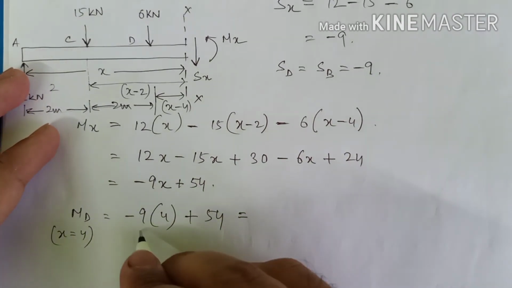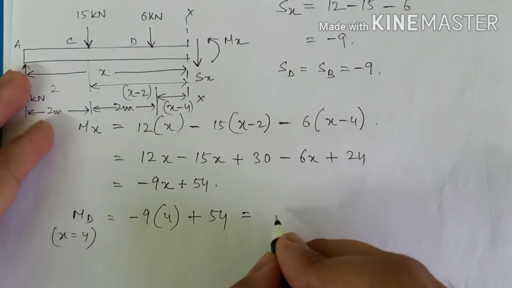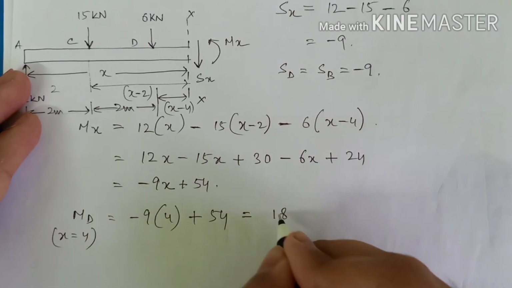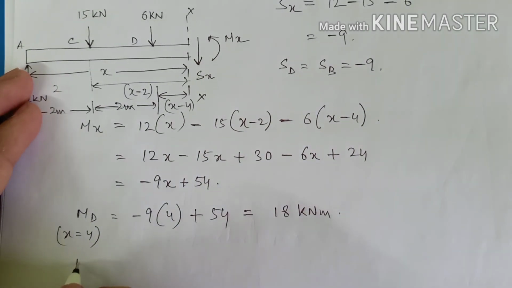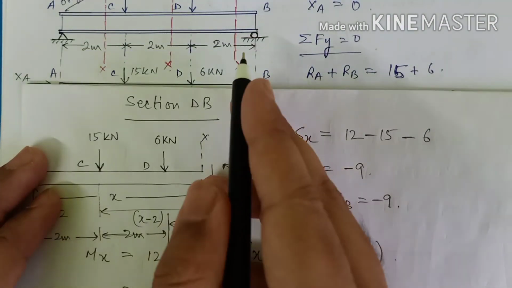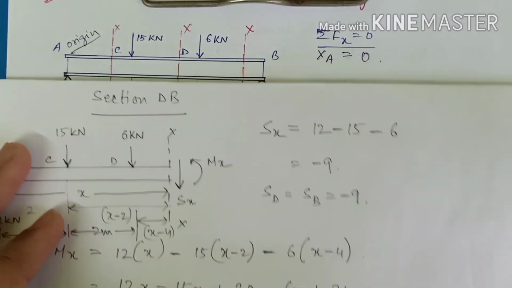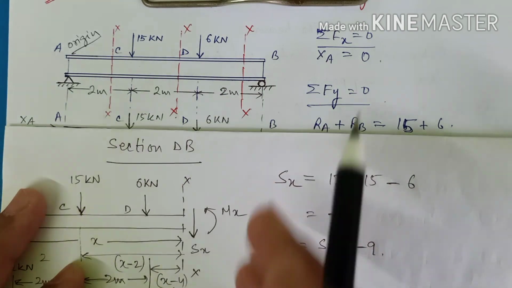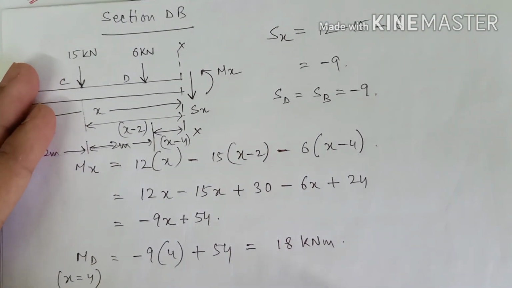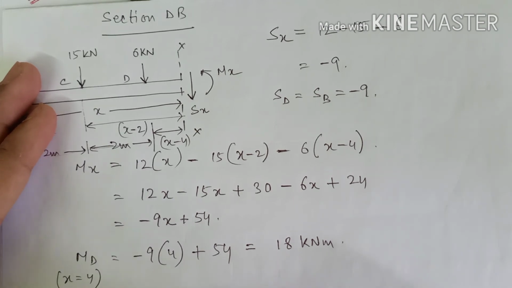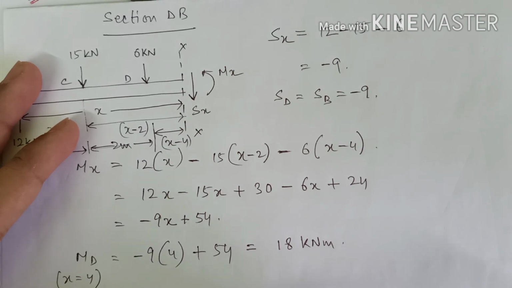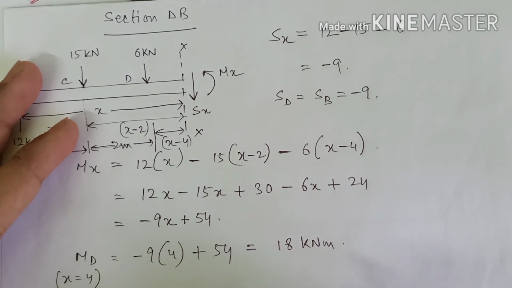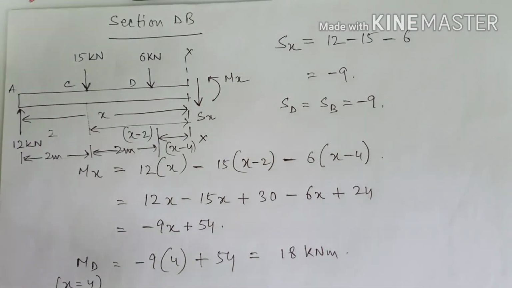So it will be minus 36 plus 54, so it will be 18, right? Yes, 18 kilonewton meter. Similarly, what will be the bending moment at B? So B is basically at a distance of x equals to 6, right? So for that we will take x equals to 6, so it will be minus 9 multiplied with 6 plus 54. So see guys, minus 54 plus 54, it is coming to be 0 kilonewton meter.